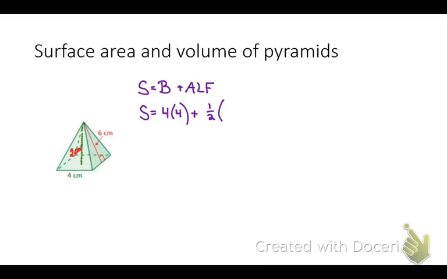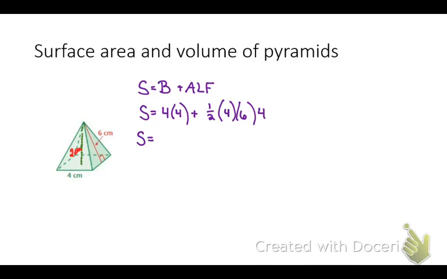Oh, 4. 4 times the height of that triangle, which is 6, okay? So that's the slant height. But now, how many identical lateral faces do I have? I have 4. So multiply that by 4. All right, now you're ready to do your math.